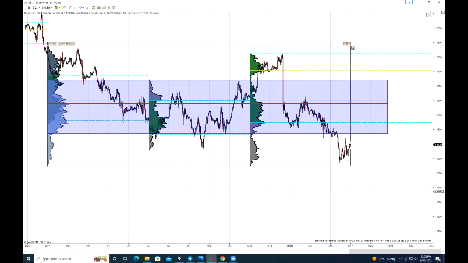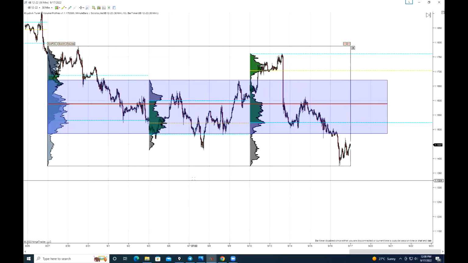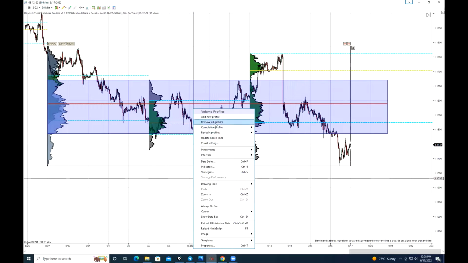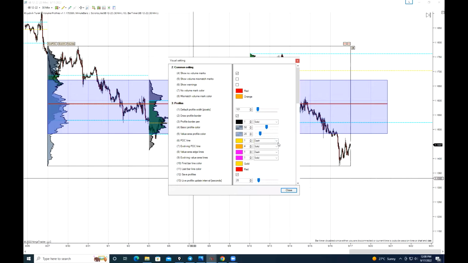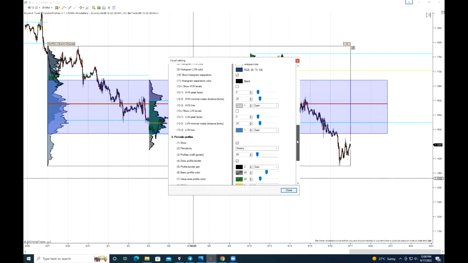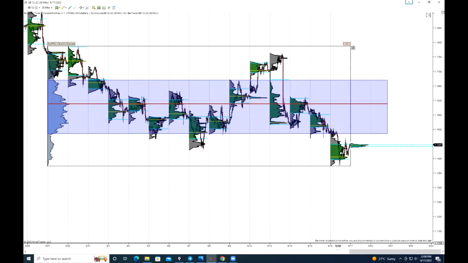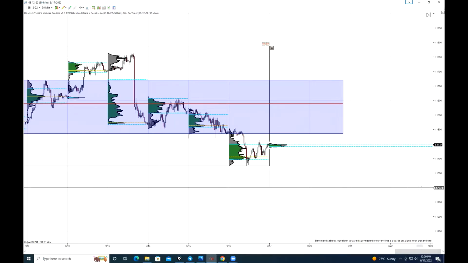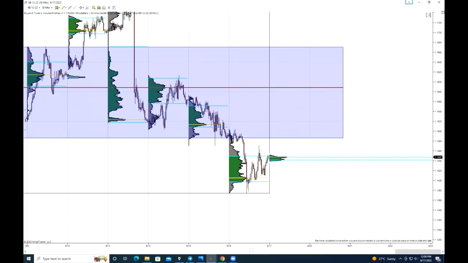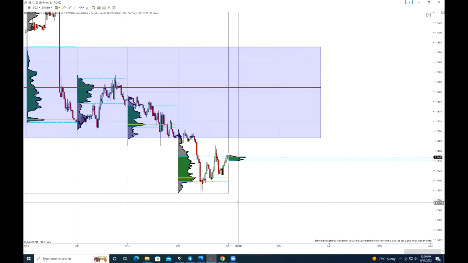And if we look at periodic profiles, we can see that from the daily, the sessional perspective, there is some price action down here. So from this breakout from this value area, we were expecting price discovery and new value distribution.